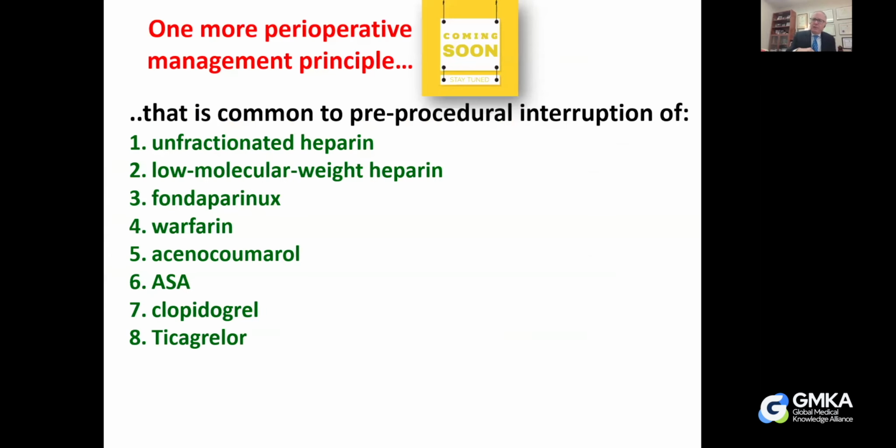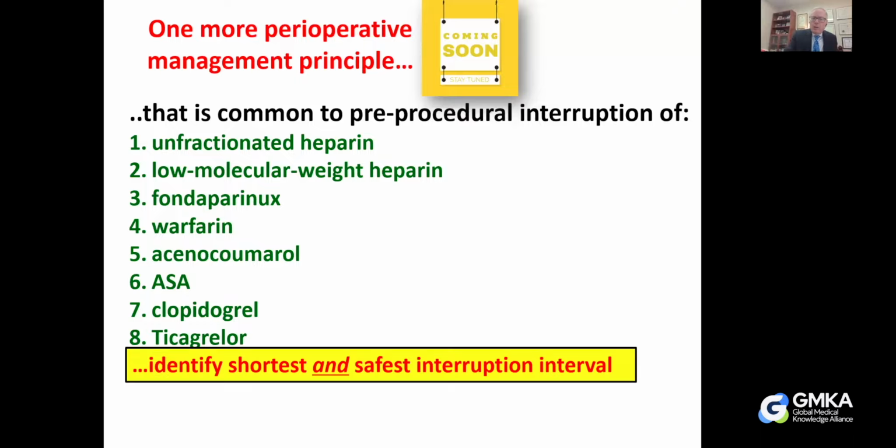So coming back to that one other perioperative management principle, and this points to why we want to look at 2 days instead of 3 days, even though it might seem not that important, is that the approach that is common to each of these anticoagulants and antiplatelet drugs is to minimize the time that patients are off the drug so that we identify the shortest and at the same time the safest interruption interval.